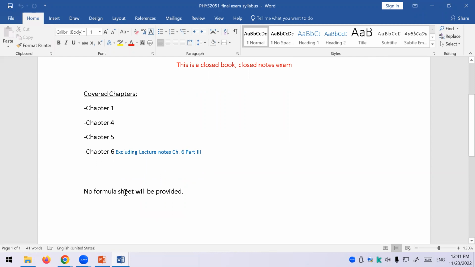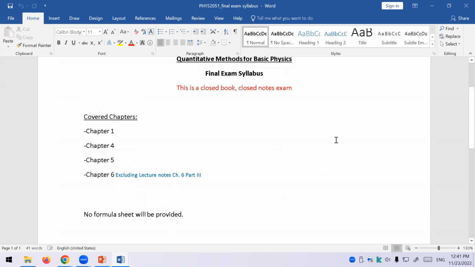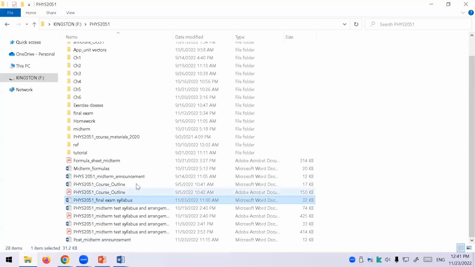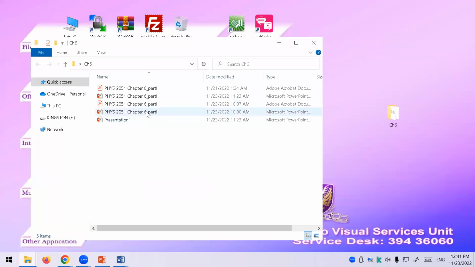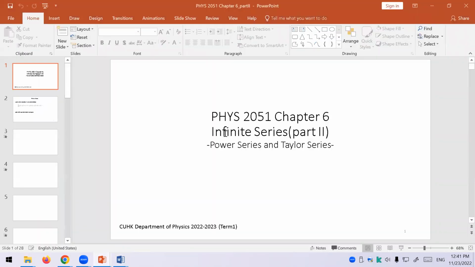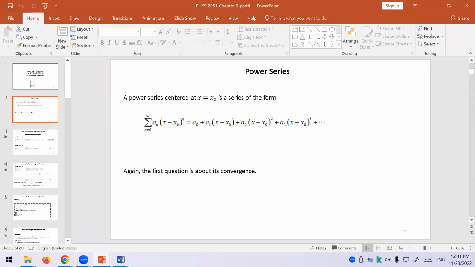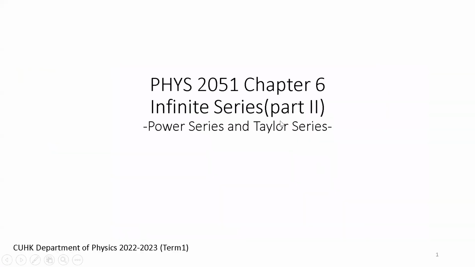This time, no formula sheet will be provided, because you don't need to do this coordinate system transformation, so no formula for those.